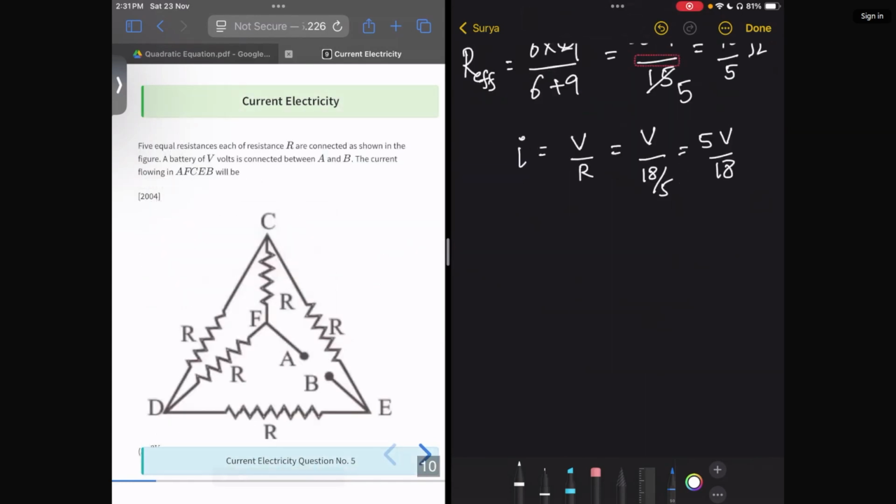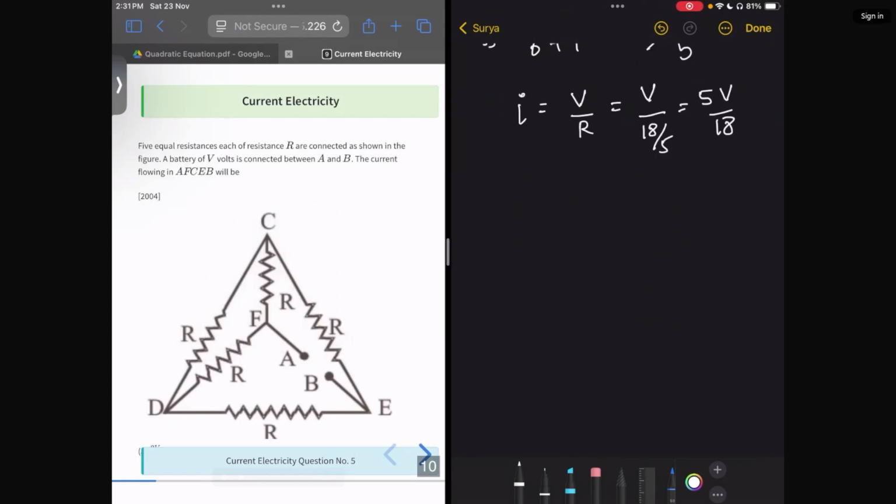So next question. Five equal resistances are connected as shown in the figure. A battery of V volts is connected across A and B. Find the current in AFCEB. Okay, we will see this.